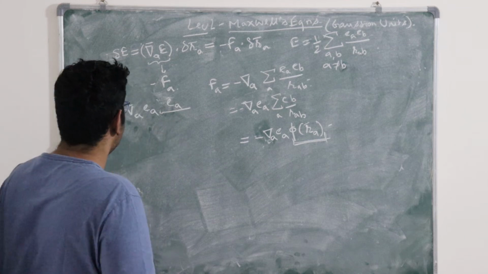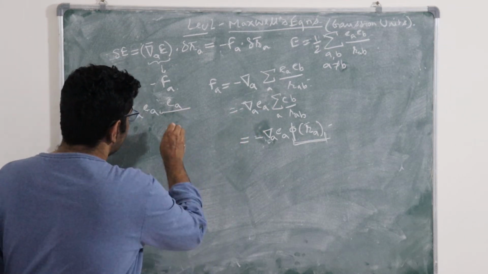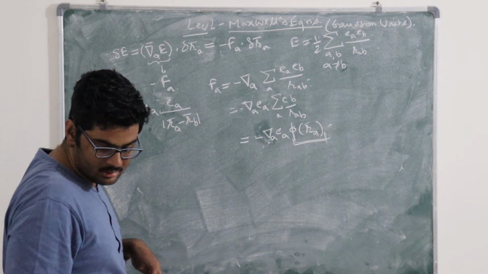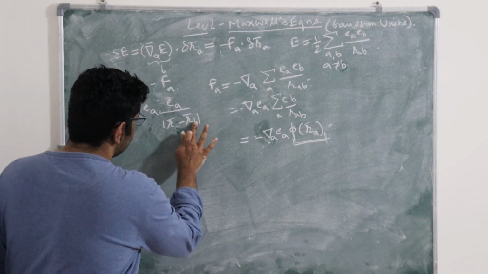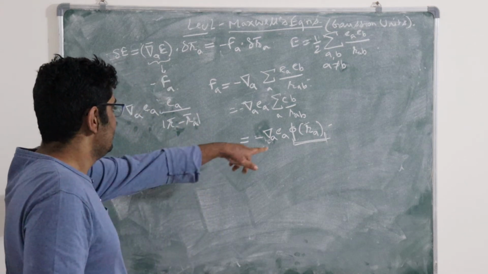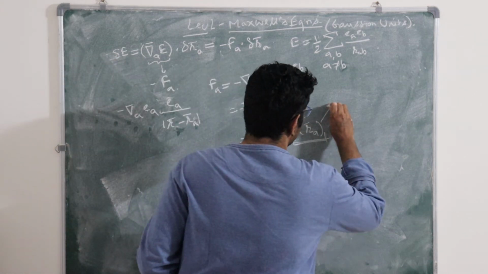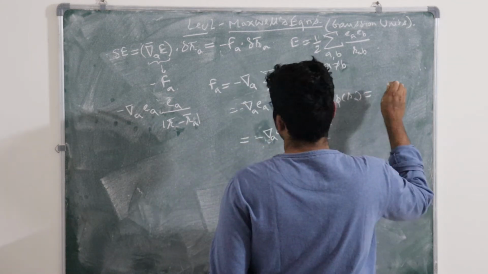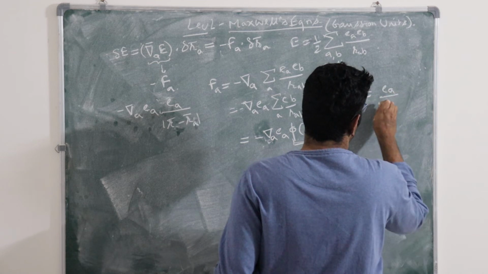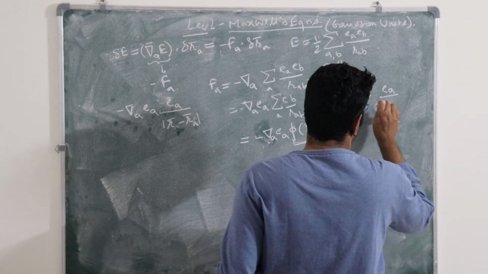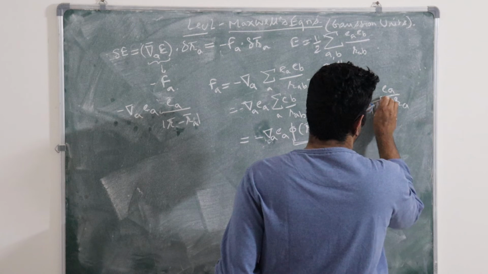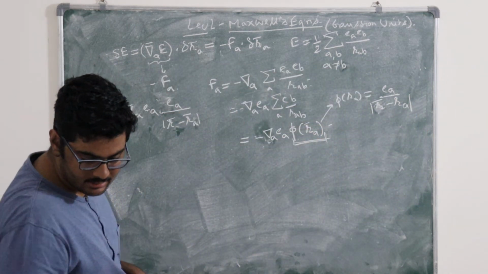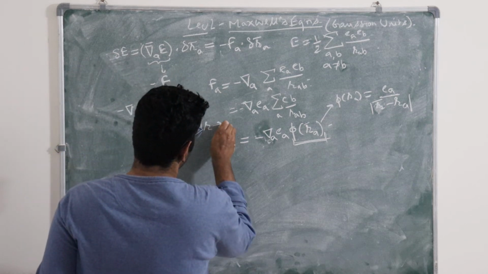I think this is the self-contributing term. So we have EA divided by RAB, so you have R minus RA. That is basically phi, which is EA by R minus RA, in the limit as R goes to RA.